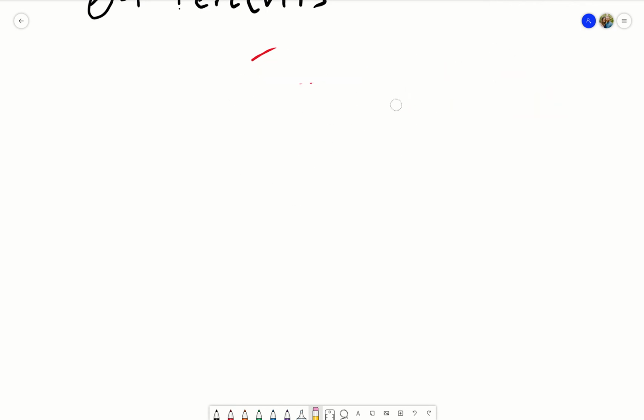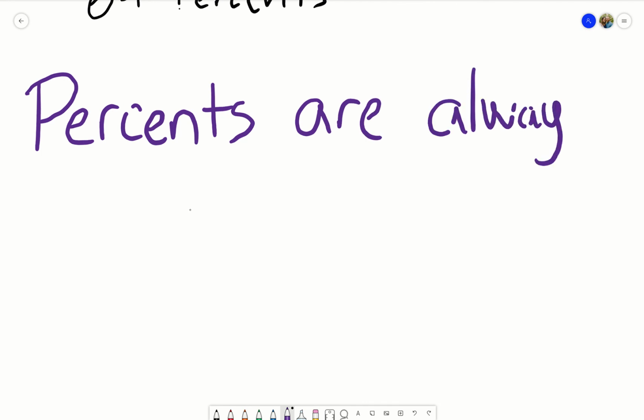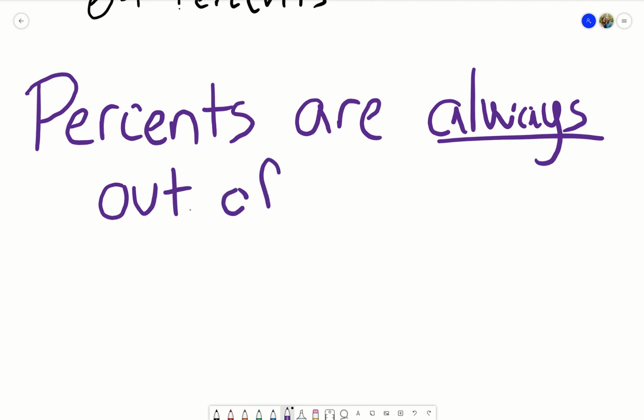Okay? Let's write that down so we have that all written down so we're all on the same page. Percents are always out of 100.